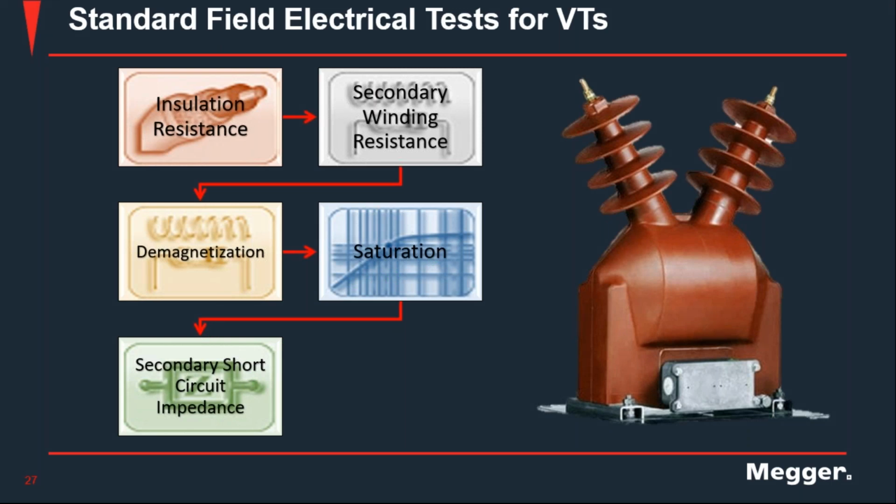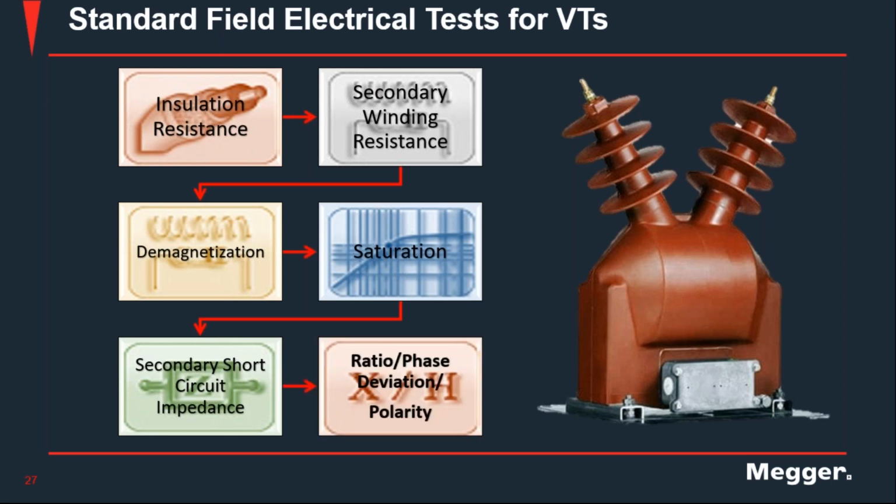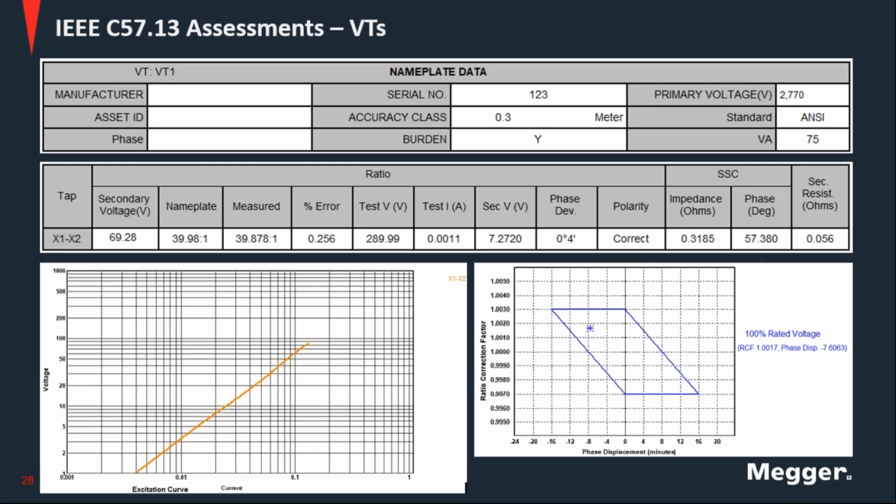And then you have the ratio and the phase deviation, as well as the polarity, same as before. With all of these sets of results, you get the same type of situation. You get your results in a table, and then you perform the assessment.